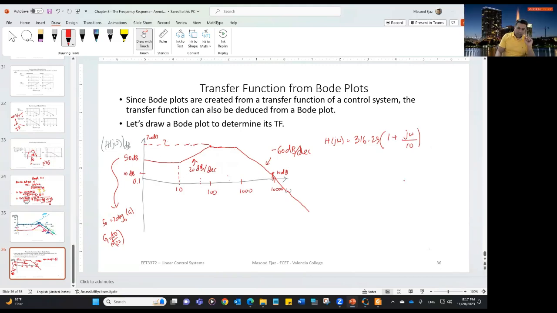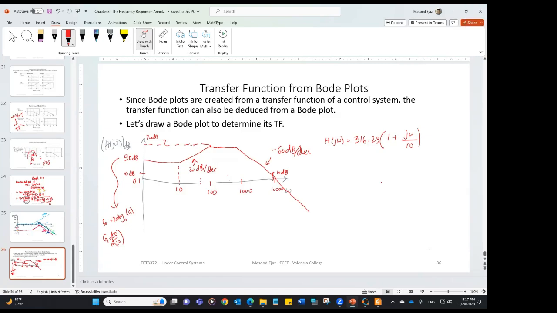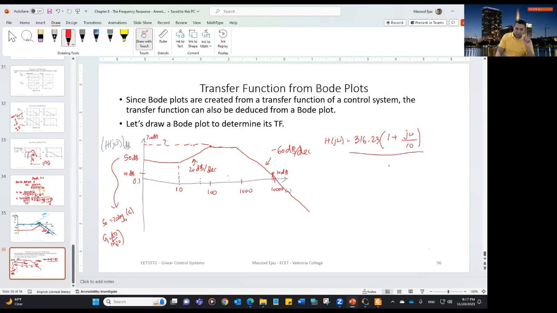It became constant at 70 decibel at 100 radian per second. What does that mean? That means there is a pole with the same 1 plus j omega over... no, not 10, sorry, 100. Exactly. So a pole with a cutoff frequency started at 100, going down at negative 20 decibel per decade.